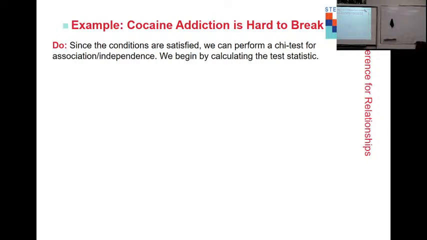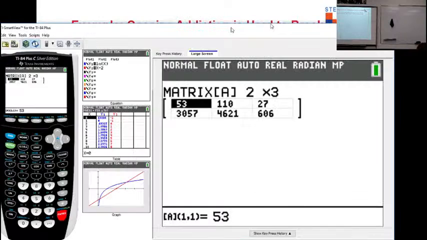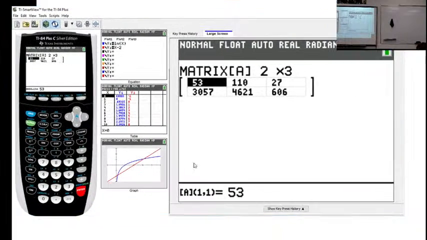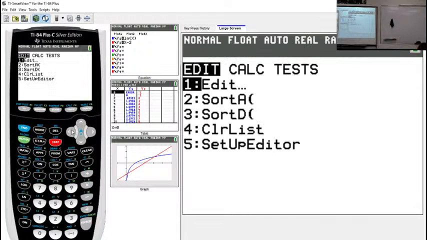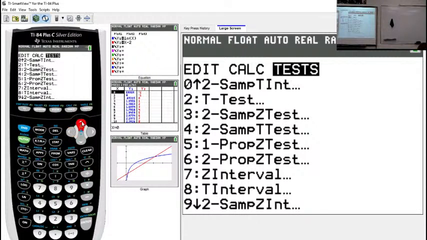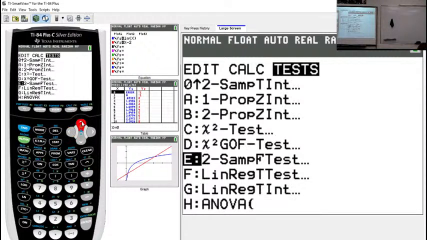We begin by calculating the test statistic. So in your calculators, follow along, make sure you can get this out. So there's my matrix. So I'm going to go stat over to tests. This is chi-square test.